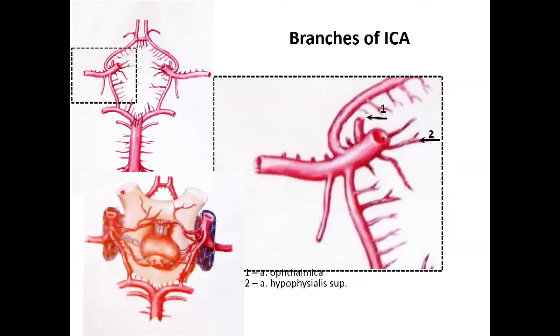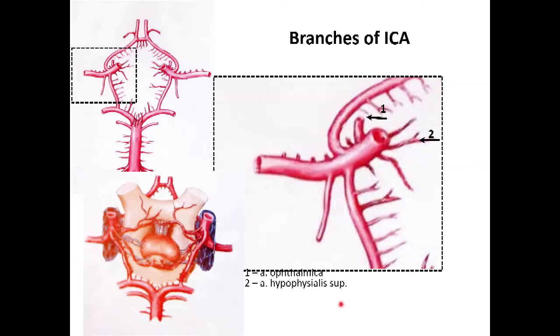And now I use another picture to demonstrate the relationships between these vessels and the hypophysis. Here the hypophysis was removed, we didn't designate it here, but this picture differs from the upper one because we can find here nervus opticus, chiasma opticum, tractus opticus, and hypophysis.